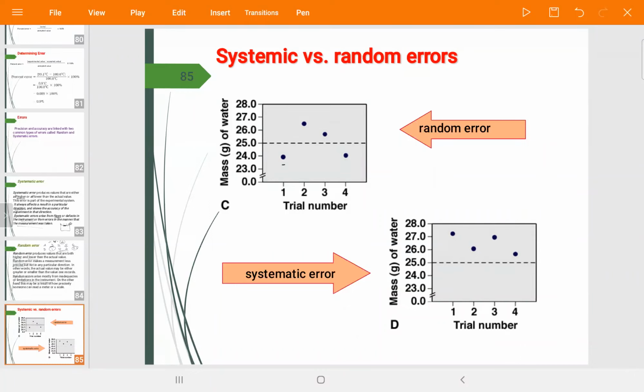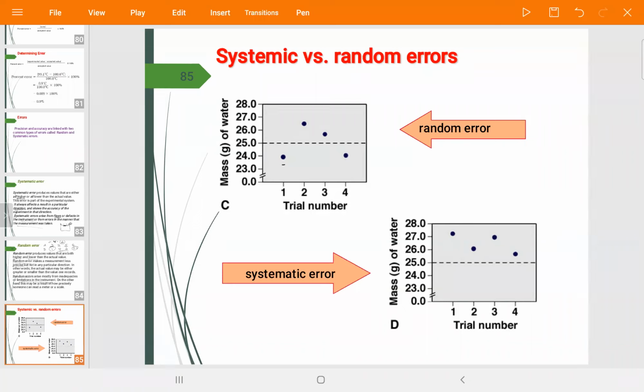Now let us see this. Here, the precision is less in the case when you have random error. In systematic error, remember, the values are higher or lower than the accepted value. So here, all the values are above the accepted value.